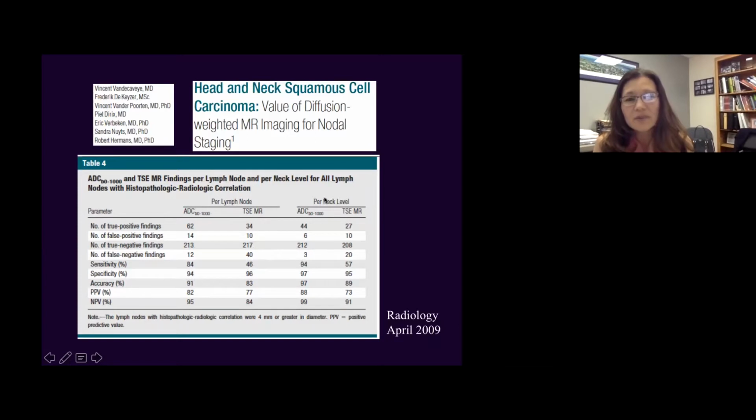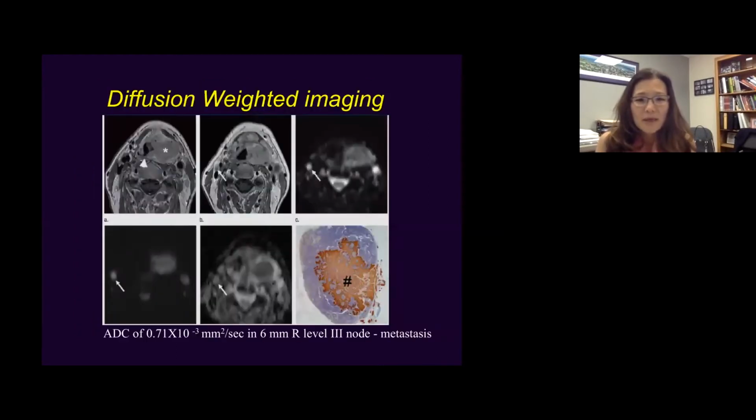Also per neck, looking at the data for one side of the neck versus the contralateral side as a group, sensitivity and specificity is over 90%. So again, diffusion weighted images may be way more specific than just measuring size. This is one of the papers, and notice that lymph node metastasis can be very confidently detected by the ADC map with some ADC cutoff values.